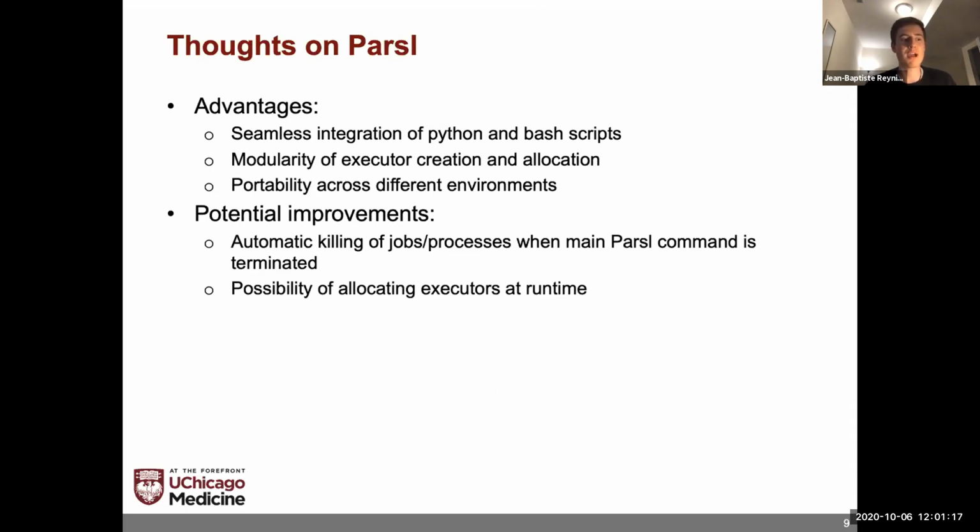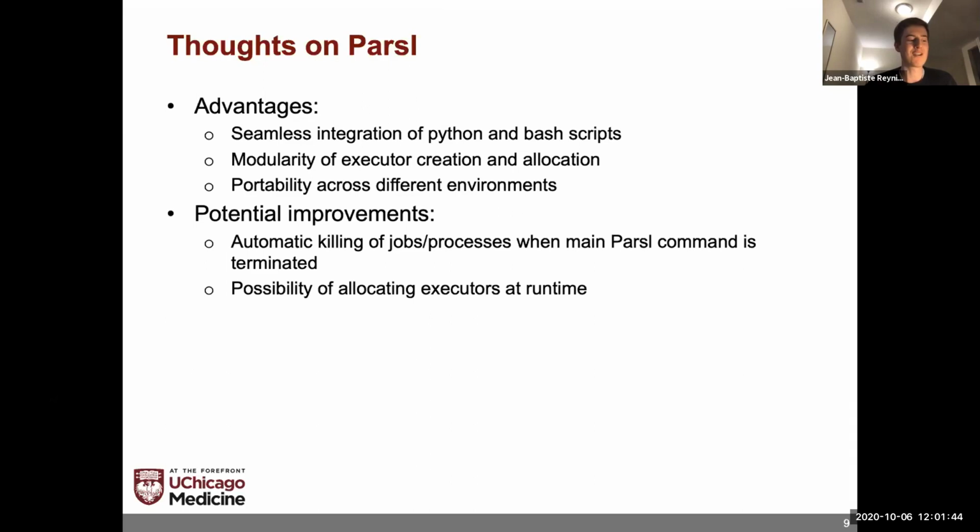In my pipeline, for example, some of the tools require a lot more resources than others, like alignment, which requires 40 gigabytes of memory. So I'm allowing the user to allocate resources a lot more specifically for each step. And also I've tested this pipeline on Torque and Slurm, and it seems very portable, so that's great.